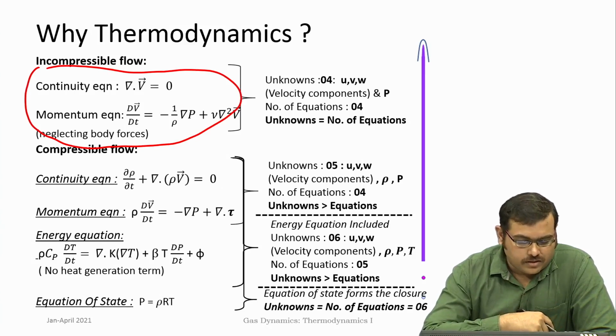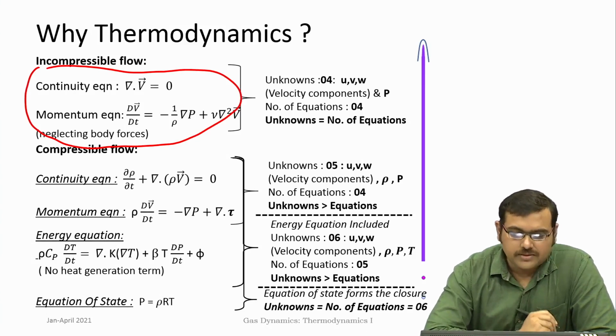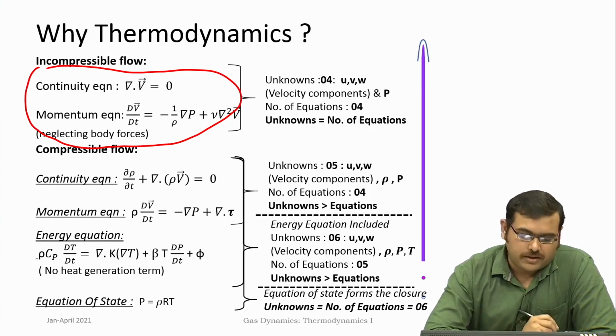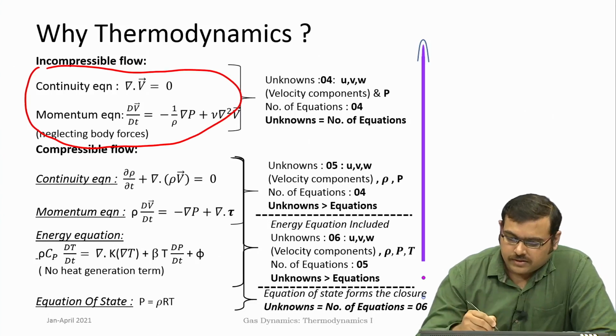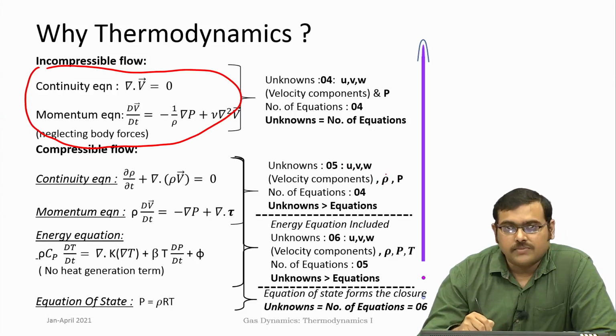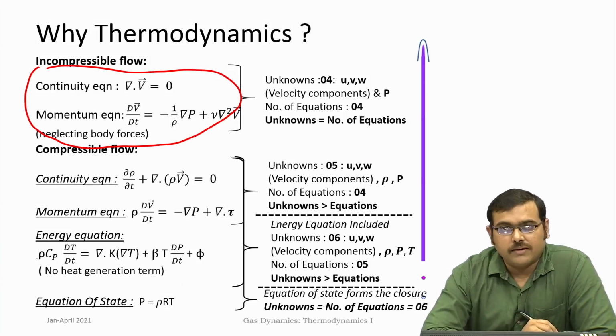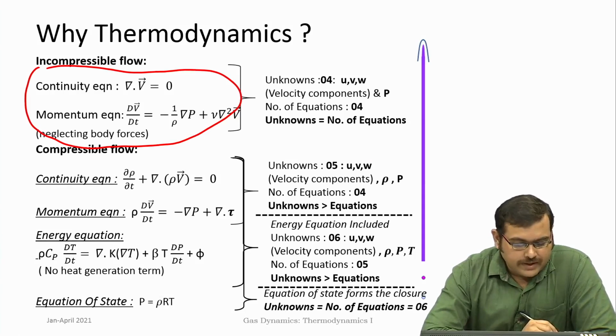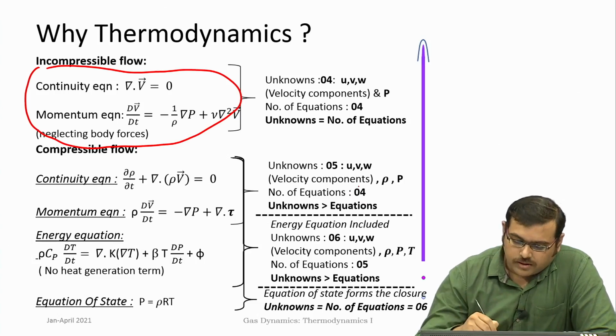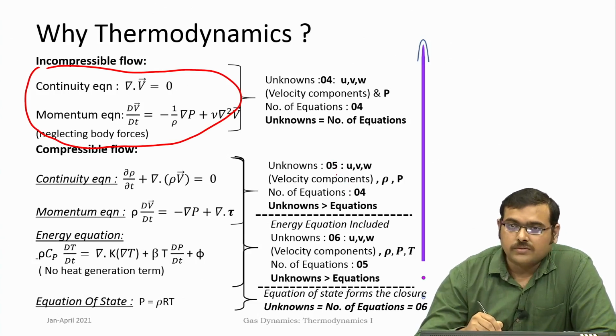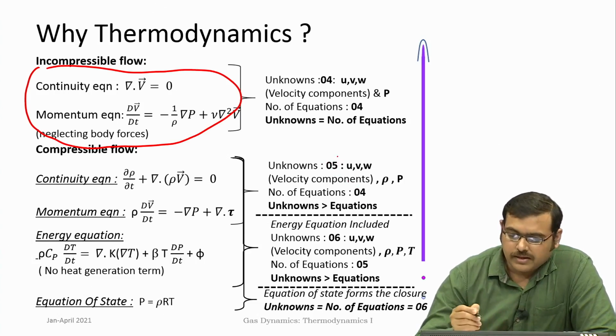But if you come to compressible flows, density is a variable now. Along with the components of velocity and pressure, density becomes a variable. So now you have 5 variables, and if you consider only the fluid flow equations, continuity and momentum, then you will not be able to get a consistent set of equations, because the number of equations will be 4 but the number of unknowns will be 5.